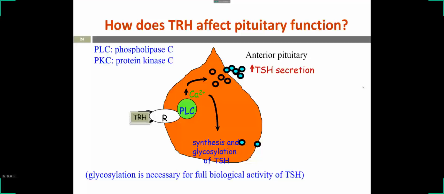Importantly, glycosylation is not necessary for the full biological activity of TSH. So TRH binding to the anterior pituitary drives both synthesis of the hormone and release of the hormone.